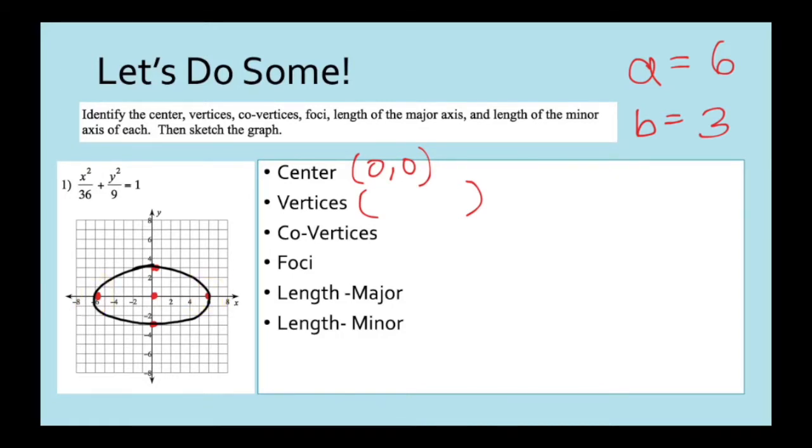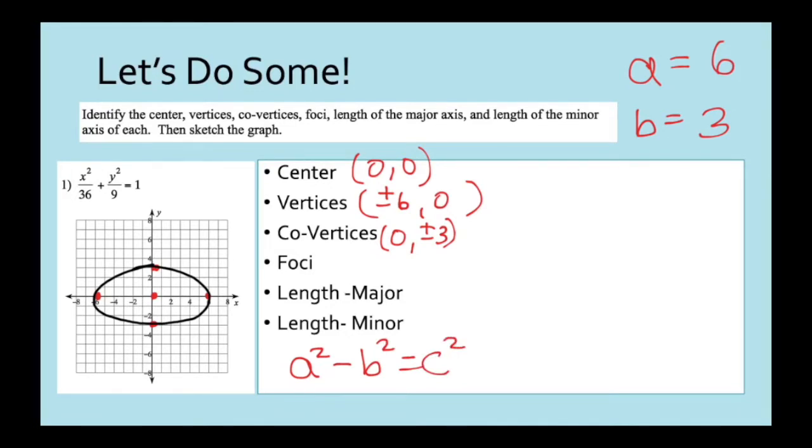Our vertices are at plus or minus 6, 0. The co-vertices are the ones on the minor axis, and those are at 0, plus or minus 3. Our foci, we can use the formula a squared minus b squared equals c squared to find those foci.